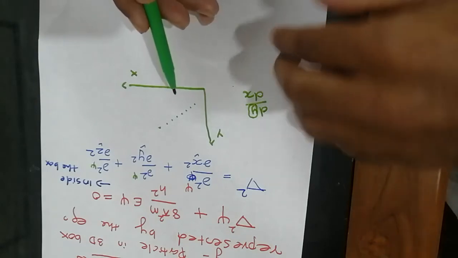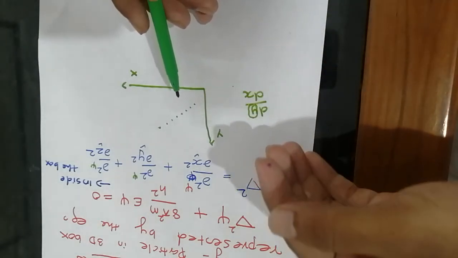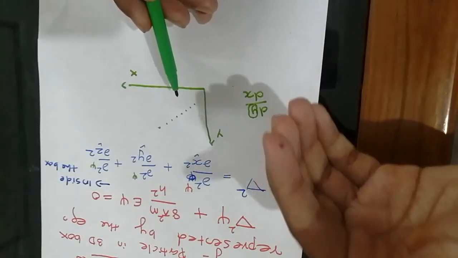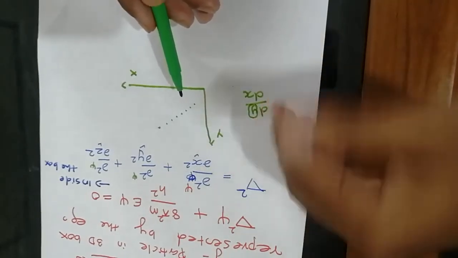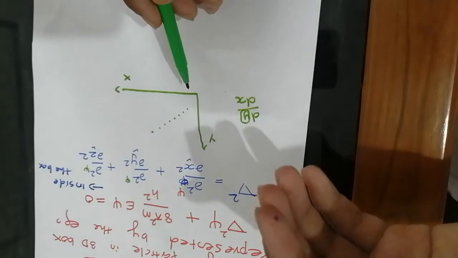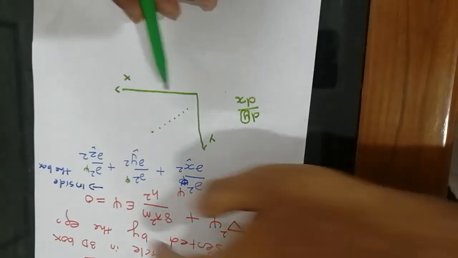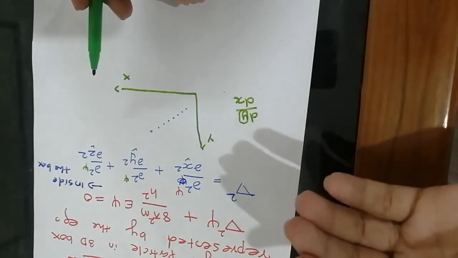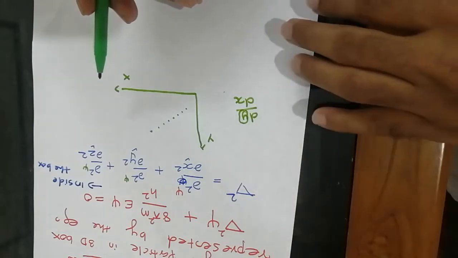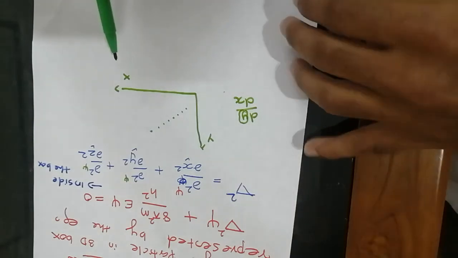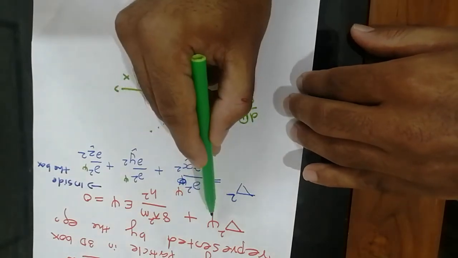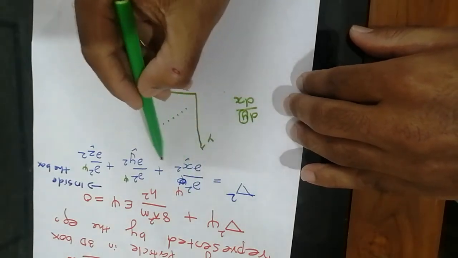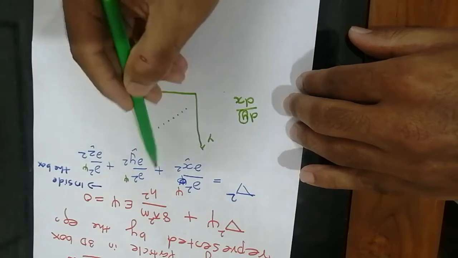Such a situation cannot be represented by a simple graph, because it will need three-dimensional graphs. Our graph is two-dimensional. Therefore, normal mathematics would not help you to solve a Schrödinger equation with these three variables.